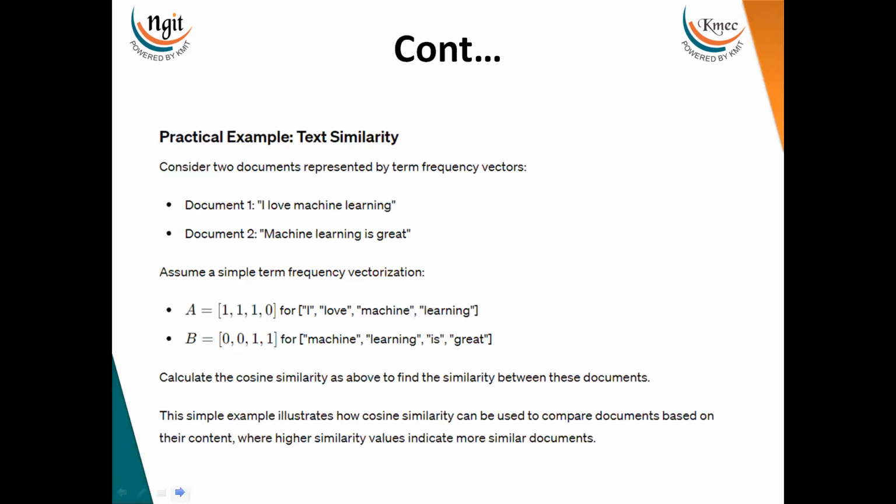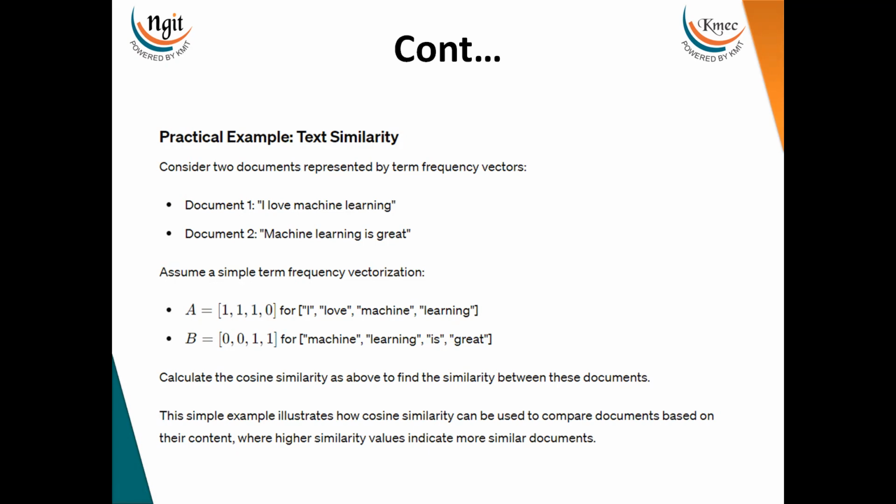Now for a use case of cosine similarity: if I want to find the similarity between texts, I have two documents and I want to find the similarity between them. Suppose I have a summary of a book written by the author, and I give the same book to an LLM and ask it for a summary, and I want to know how similar both summaries are.